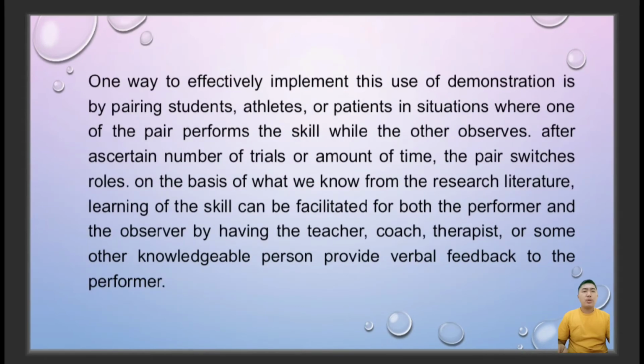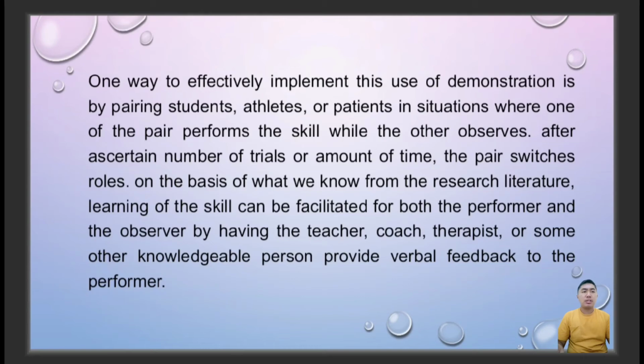So one way to effectively implement this use of demonstration is by pairing students. Pairing students is one of the most effective ways of learning through demonstration. By pairing students, athletes, or patients in a situation where one of the pair performs the skill while the other observes, after a certain number of trials or amount of time, the pair switches roles.